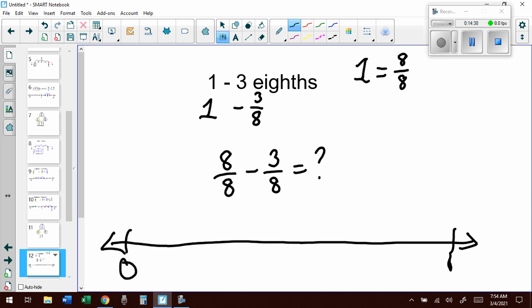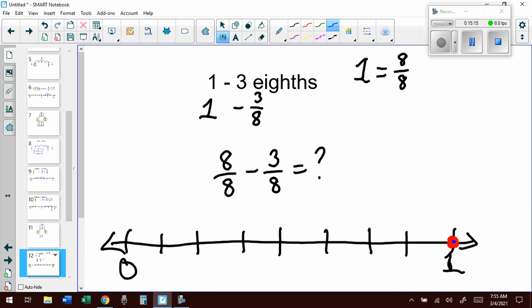If we were to draw our number line, we know that we're starting with 1 and we're moving backwards. So let's make a number line from 0 to 1. Go ahead and partition that into eighths. And we're going to start with 8/8, or 1 whole. And we are going to subtract 3/8. We're going to go back 3 times.